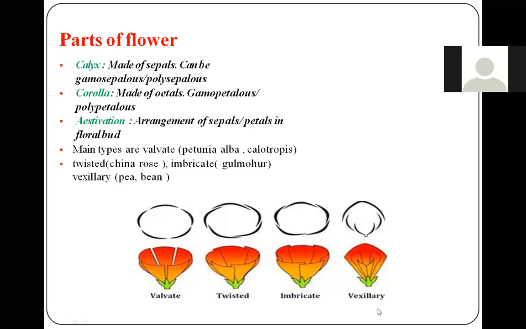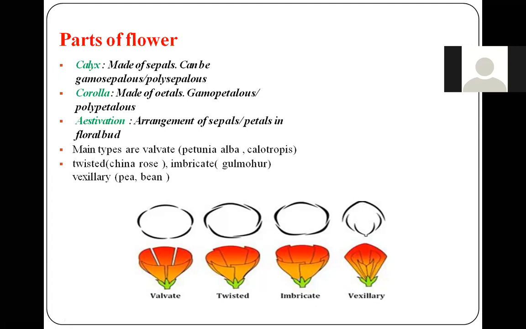The fourth and the last type of estivation is the vexillary, right? You can see here in the flower there is one petal which is the longest petal, and it is covering all the other petals present inside. Two of the petals are smaller, right? And the third petal, which you can see at the last, is the longest petal, which is covering the other two flaps of the petals.